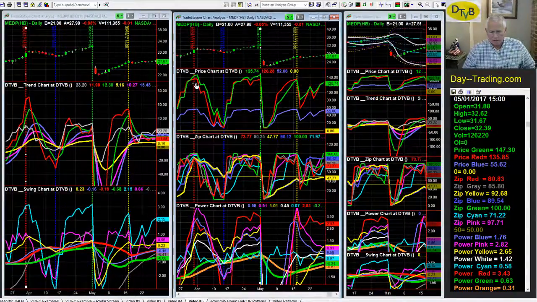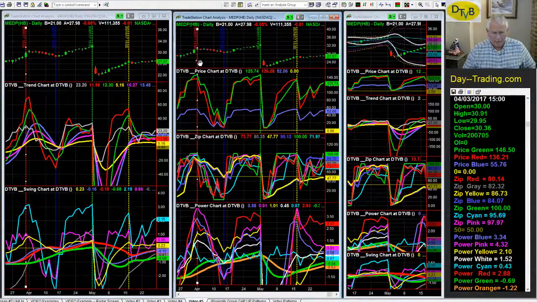And you can see also by looking at the candles, the height of the red one is actually on this day.